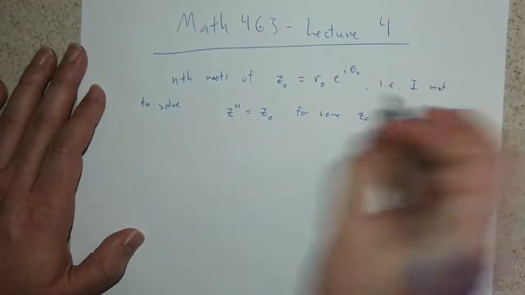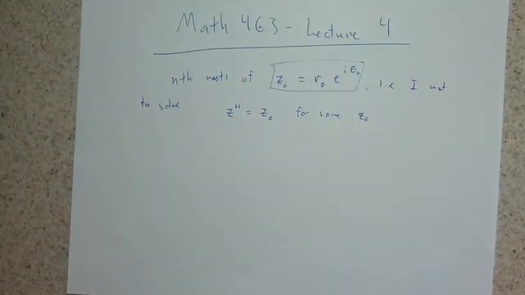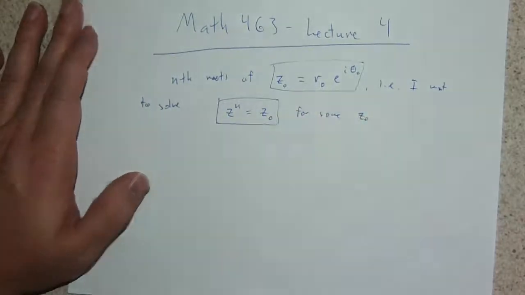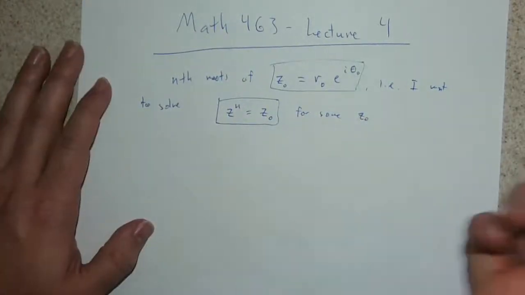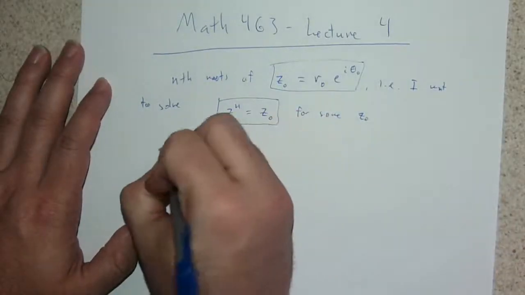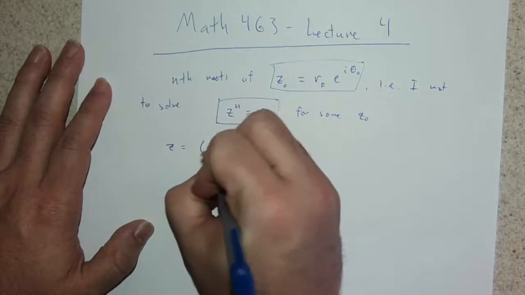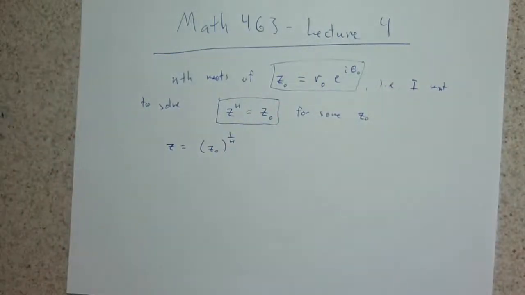Written another way, I'm searching for z that are nth roots of z naught.